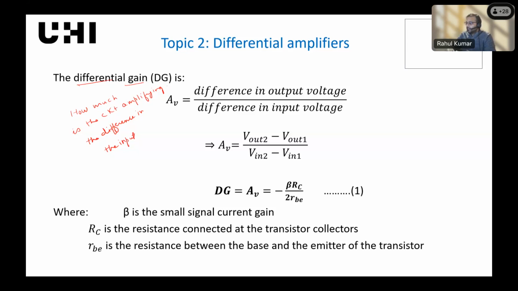And we can get the differential gain in terms of these parameters: the small signal current gain beta, RC, which is the resistance connected to the collector, and RBE, which is the resistance between the base and emitter.